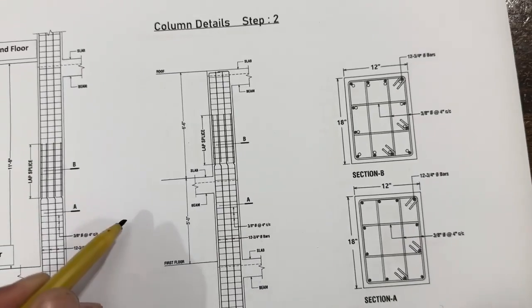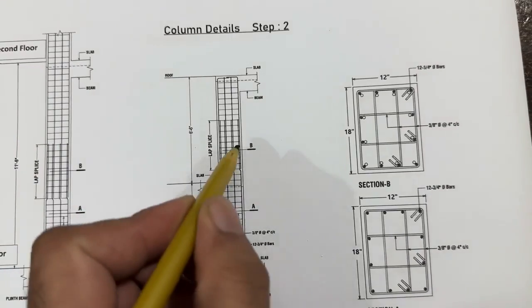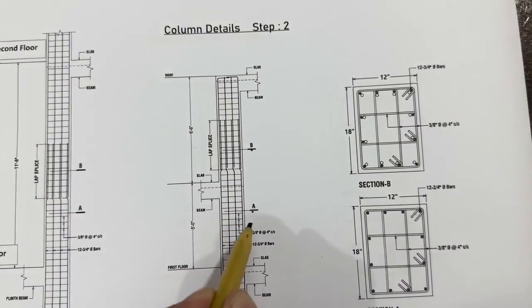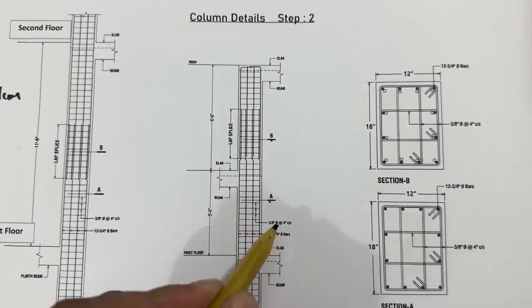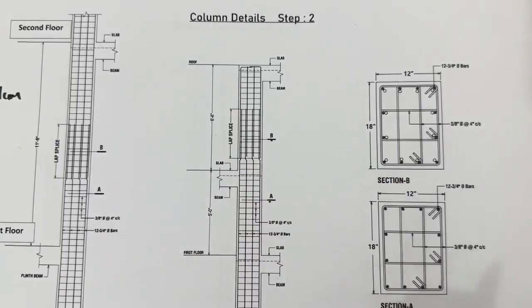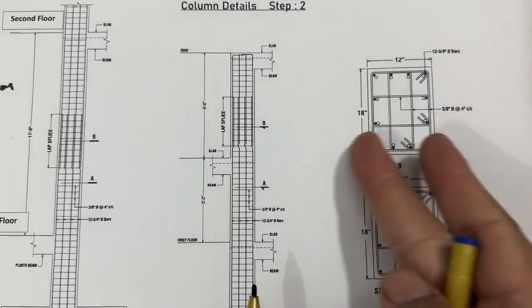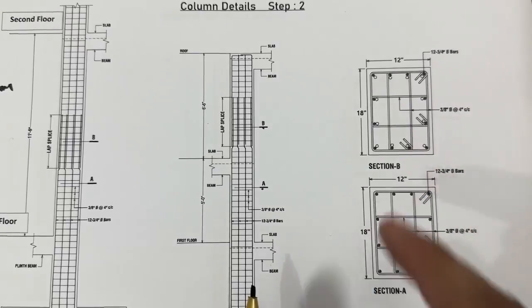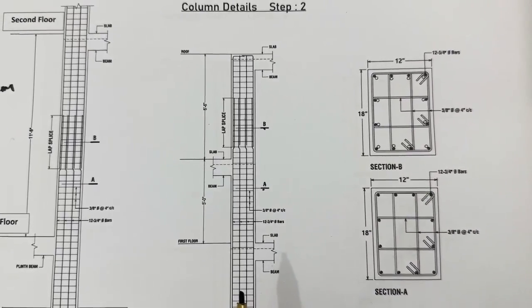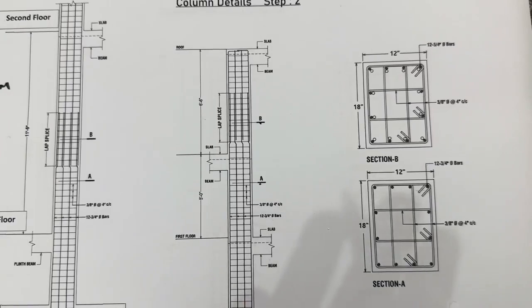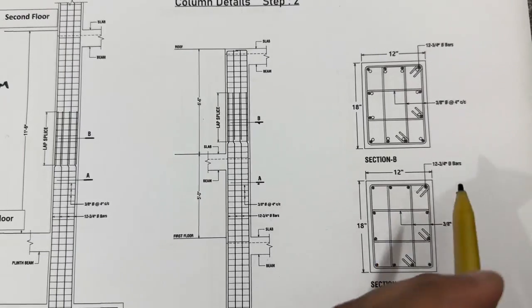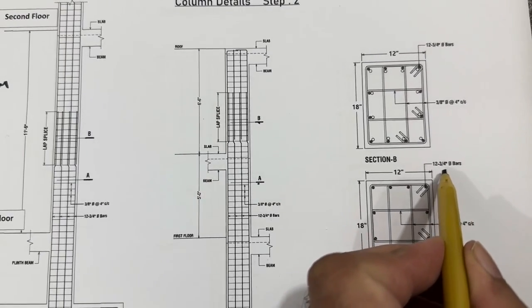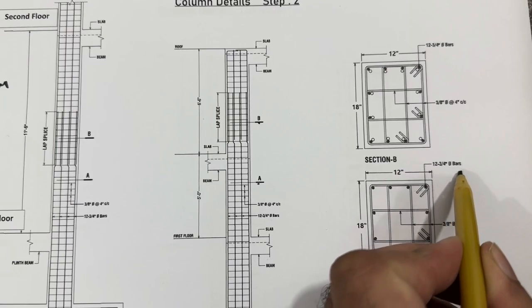Guys, you can see in this long section, this is B section and this is A section. In A section we don't have any overlapping length, okay, and in B section we have. So if you see here, we have 12 number of steel rods, and the dia is 16 millimeter, or you can say 3 by 4 inch bar, right?